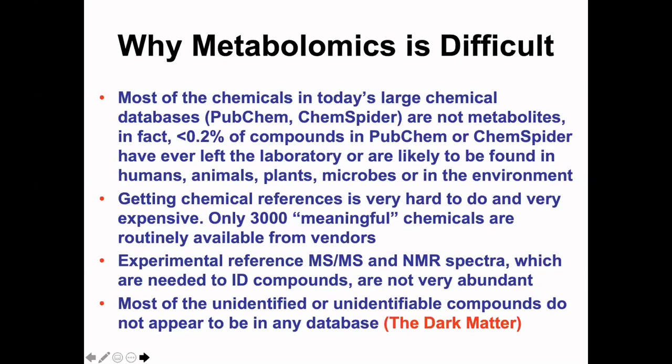There are routes to get more, and certainly Metlin has been able to do that and has made a valuable contribution in that regard. However, overall, the experimental reference spectra, the things that we need in these spectral libraries, just like in sequence databases and structure databases for proteomics and genomics, are very rare. There just aren't a lot of them.